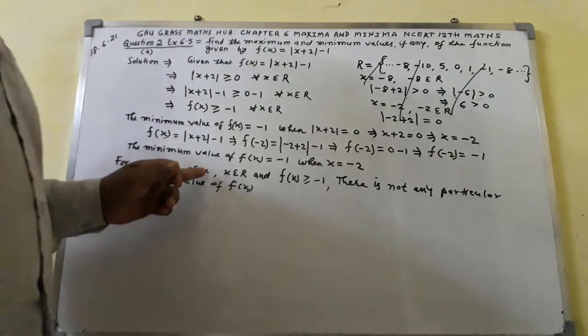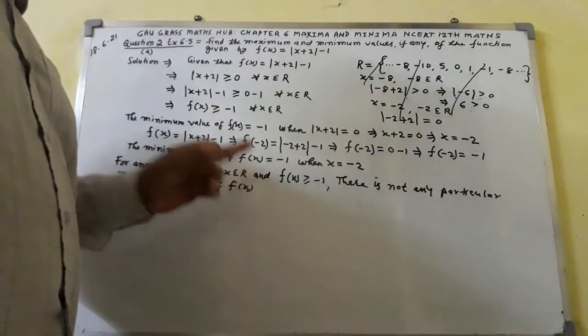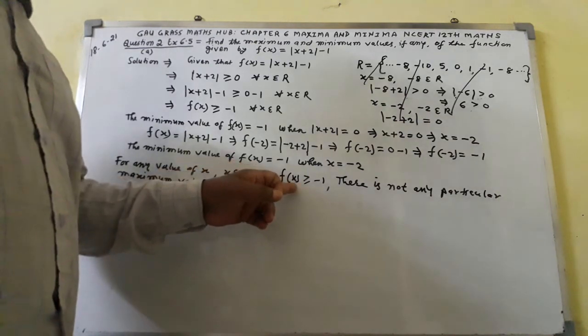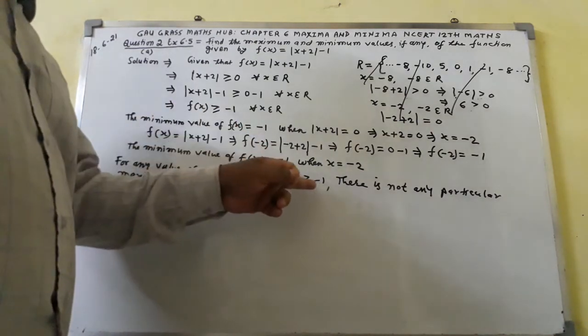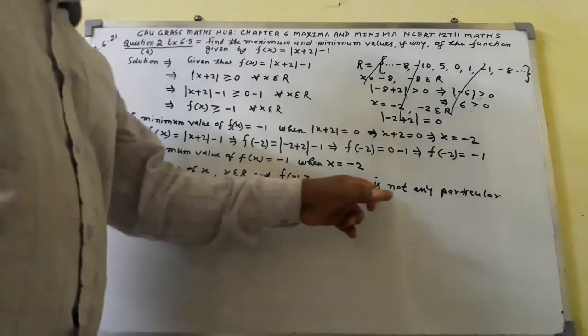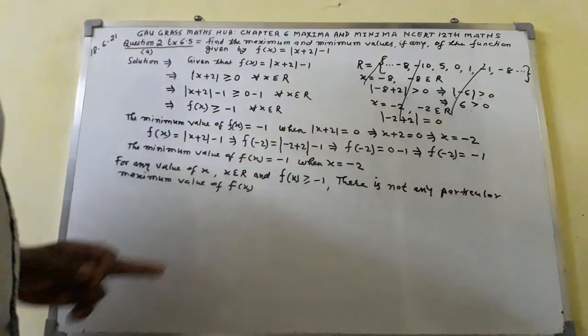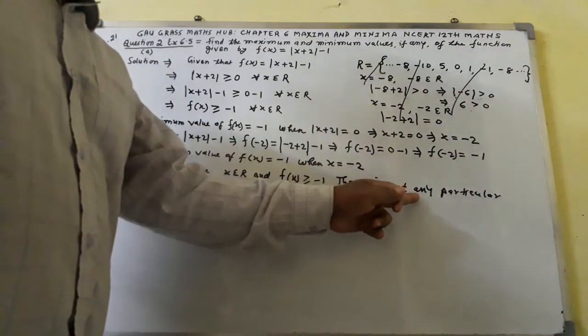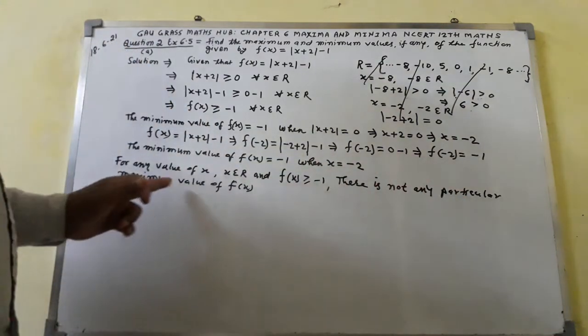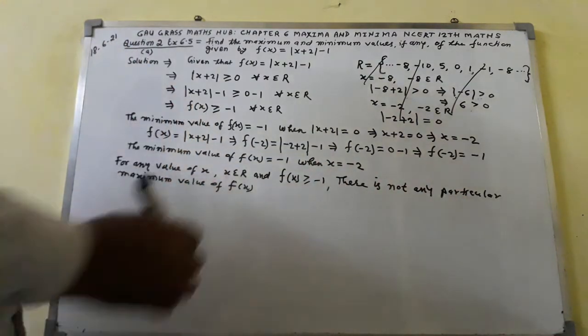For any value of x belonging to the set of real numbers and f of x greater than or equal to minus 1, there is not any particular maximum value of f of x. This thing you have got.